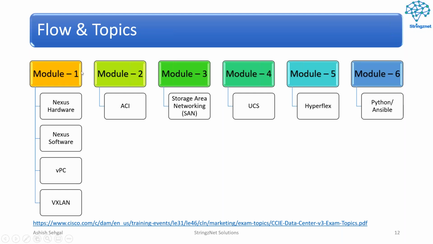Module number 1 is called the Nexus module. Module number 2 is called ACI. 3, storage area networking. 4, UCS. 5th is Hyperflex, and 6th is our Python network automation.